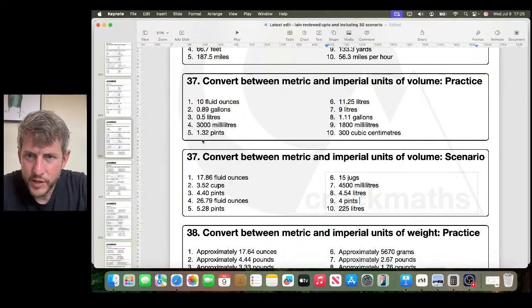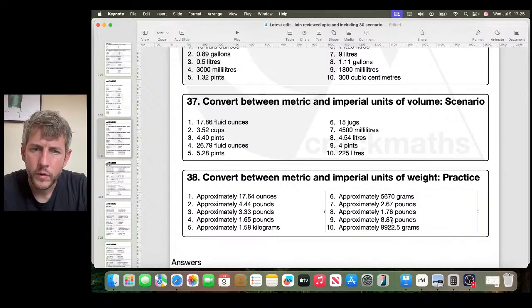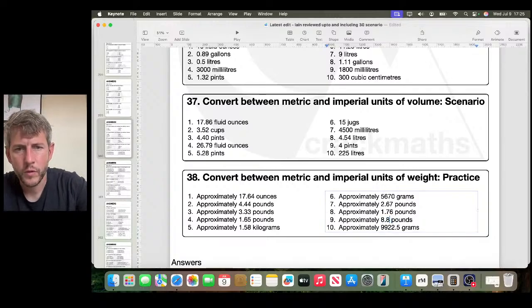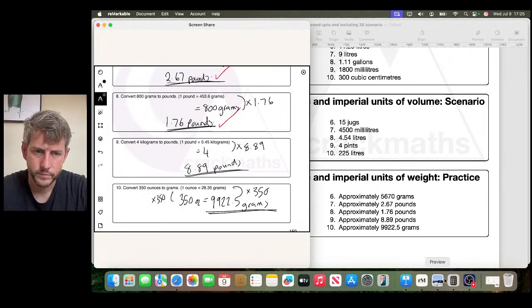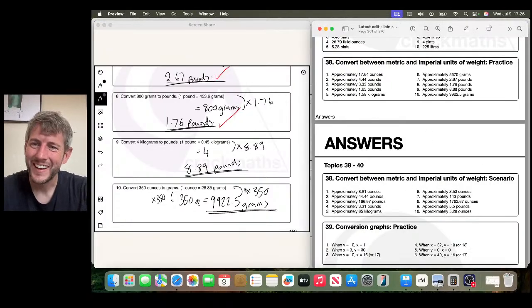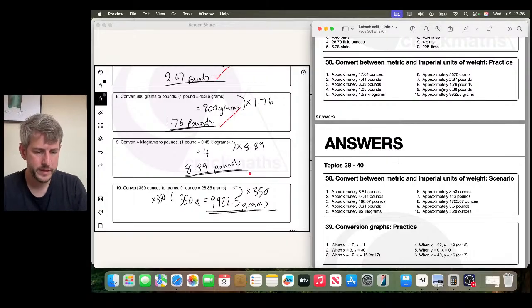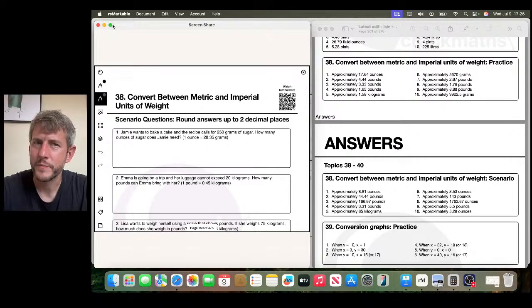So let's just quickly change that. I say they, me. Right. Okay, so that's now correct. We fix that, and then 9,922.5 grams here. Right, on to the scenario questions.